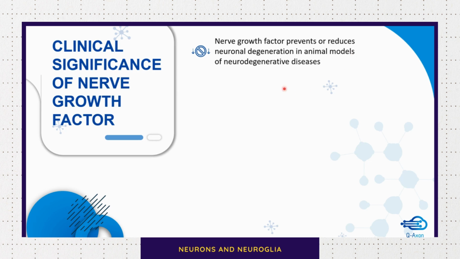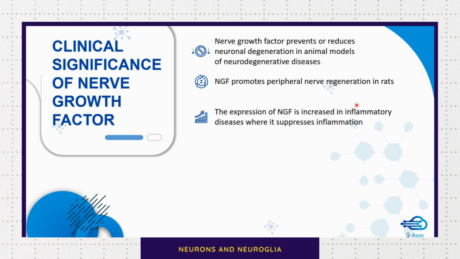Animal models have demonstrated that NGF prevents or reduces neuronal degeneration. Now, in the case of peripheral nerves, experiments on rats have demonstrated that NGF promotes regeneration. Also, in inflammatory diseases, NGF was noted to have suppressed inflammation.